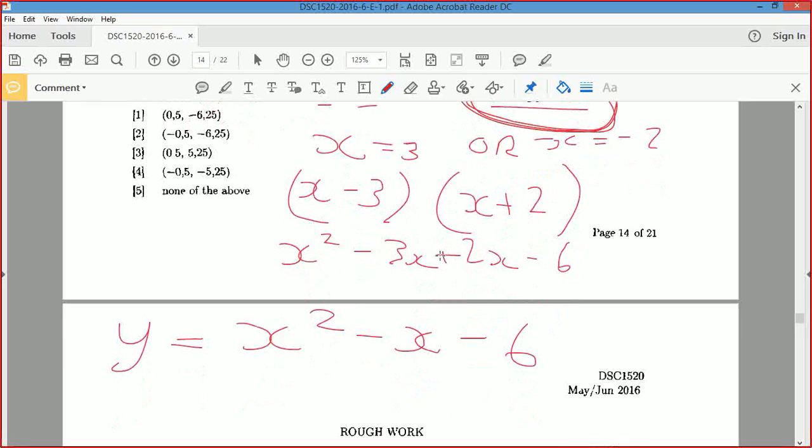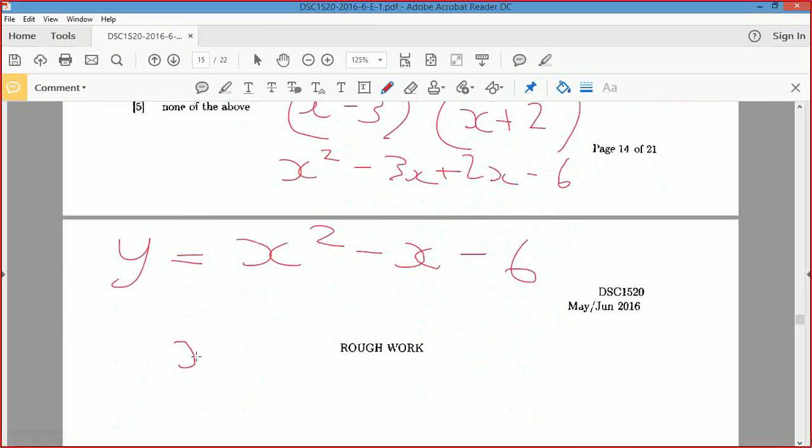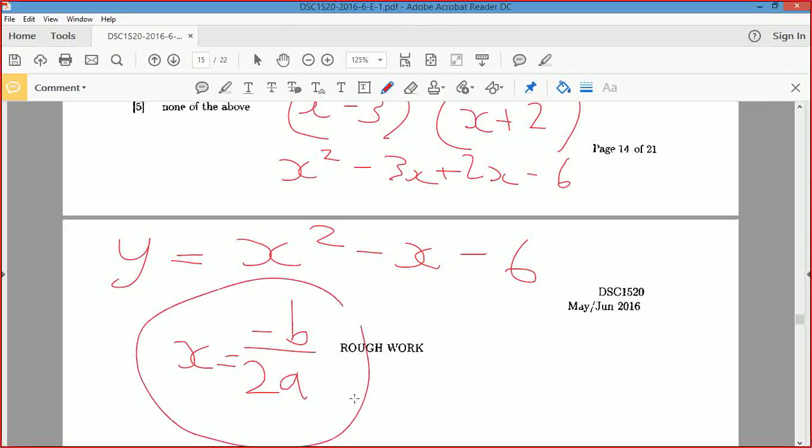How do I work out the turning point? Minus b over 2a. Okay, so what is b? Minus 1. What is a? A is 1. So, a half.